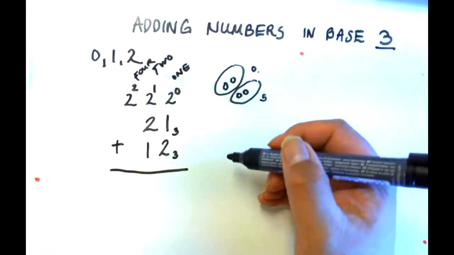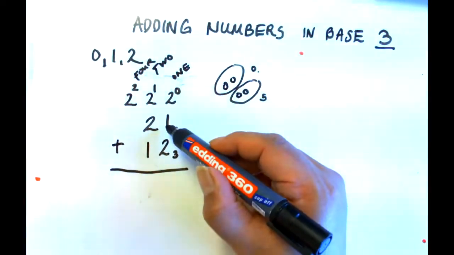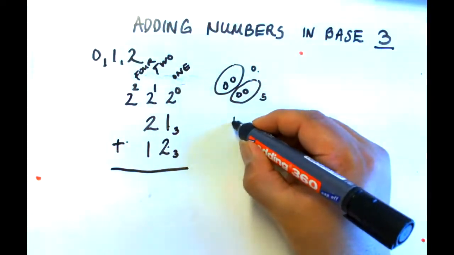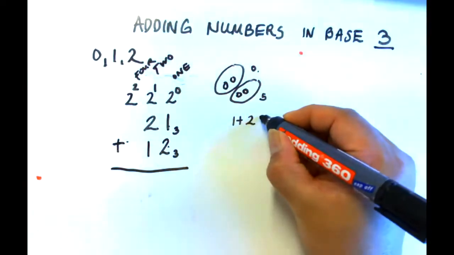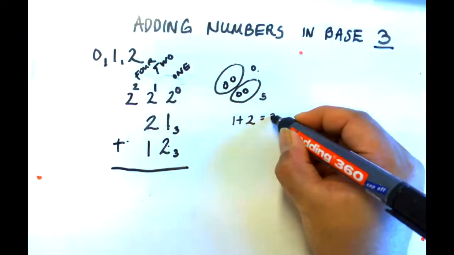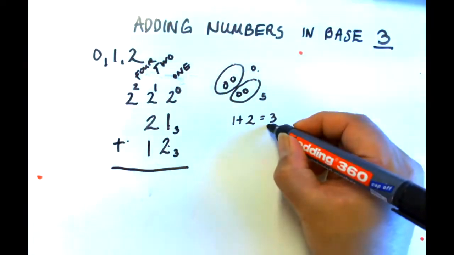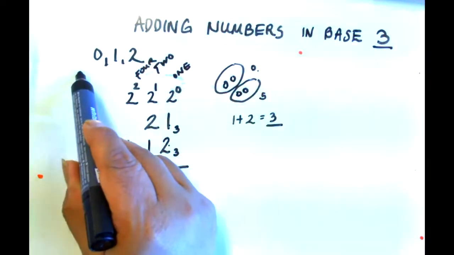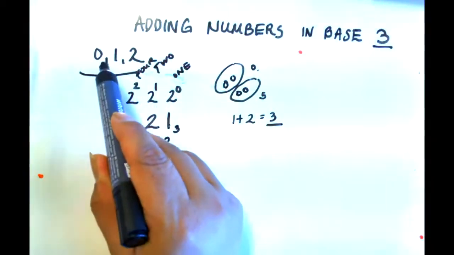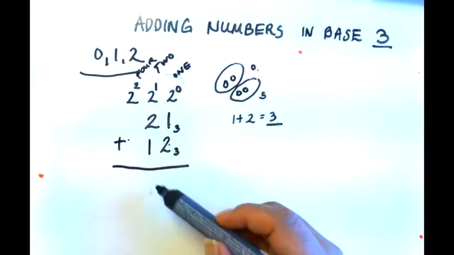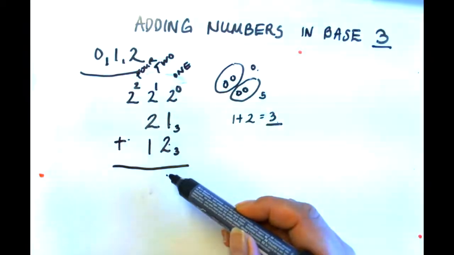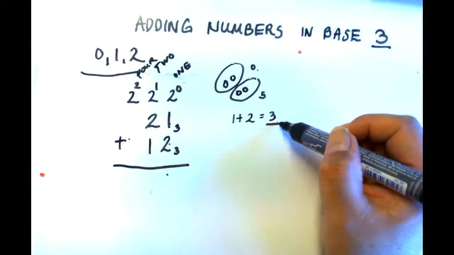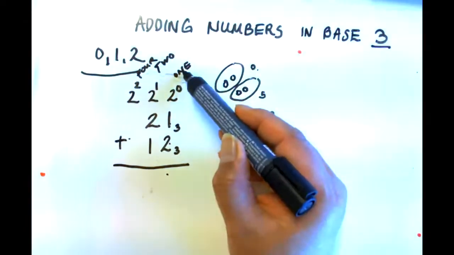Now, if we are going to add this, it will be 1 plus 2. What is 1 plus 2? It is equal to 3. Now, can we write the symbol 3 in base 3? Well, these are the only symbols that we use: 0, 1, 2. There's no 3, so we cannot put 3 in here. So what do we do? Well, we go to the next place.